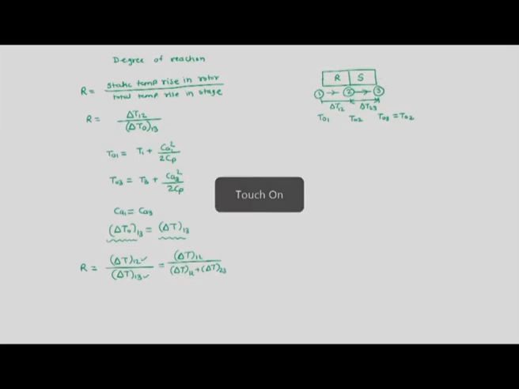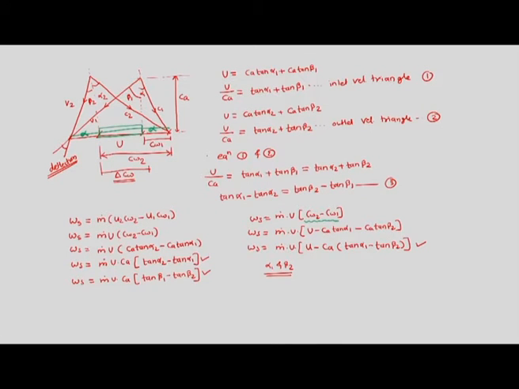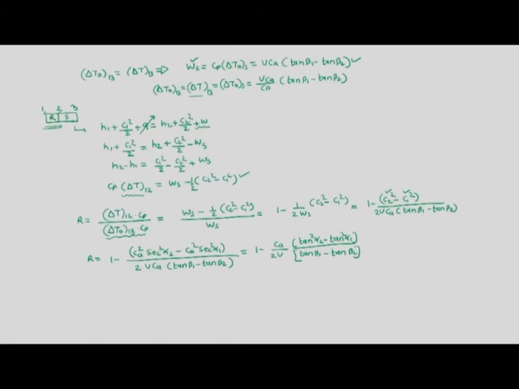But in earlier sections, what we had seen from the velocity triangle is that there is a relation which says that tan alpha 1 plus tan beta 1 is equal to tan alpha 2 plus tan beta 2.